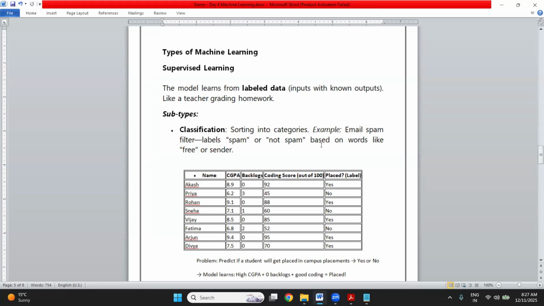Day before yesterday, we took an example of a feedback form, if you all remember. A feedback form ultimately contains what? A positive feedback or a negative feedback. So that feedback form example is a supervised learning example. We discussed how we can decide a positive feedback: positive feedback will have certain positive content in the form, and negative feedback will have certain negative keywords.